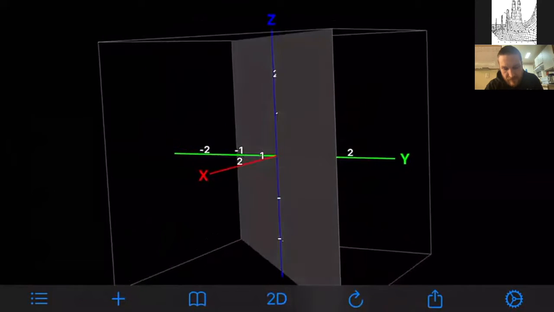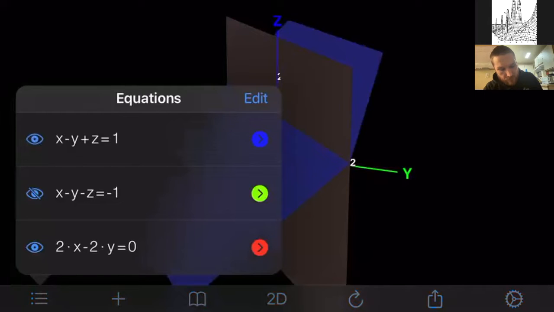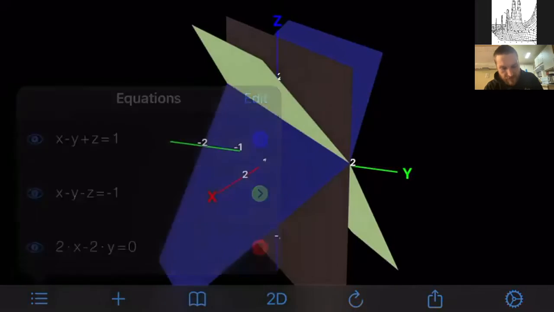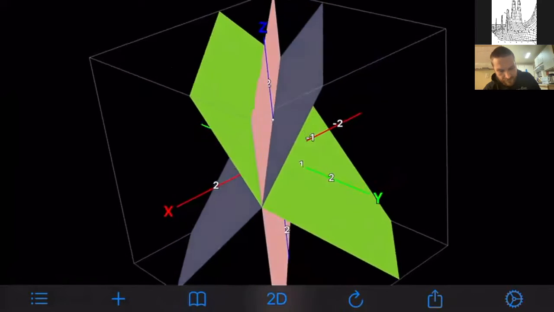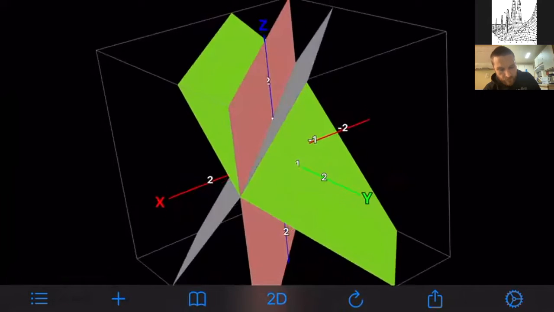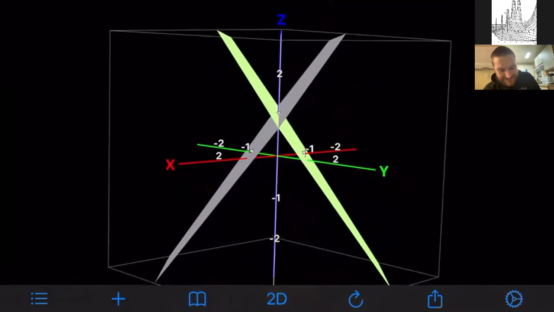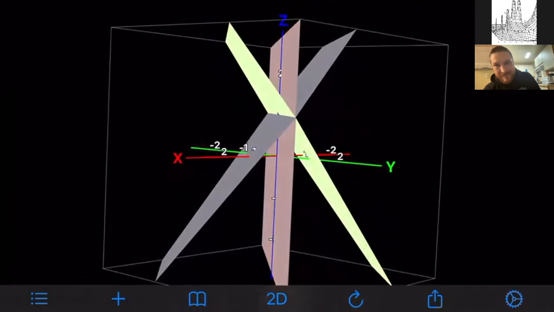And the interesting thing to note is that when I add the previous equations in, we see that the red plane, which is the plane that I obtained by adding the blue plane and the green plane together, intersects exactly the same line that the previous two planes intersected.